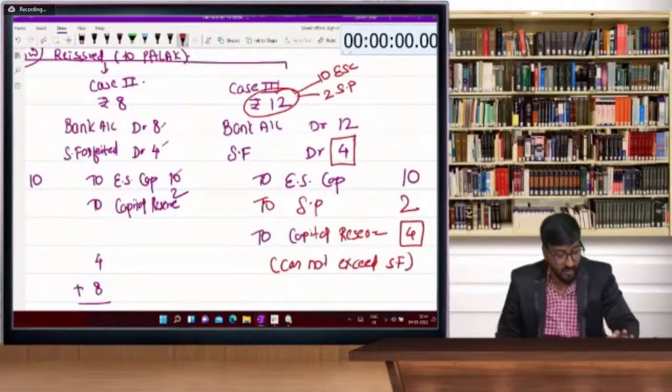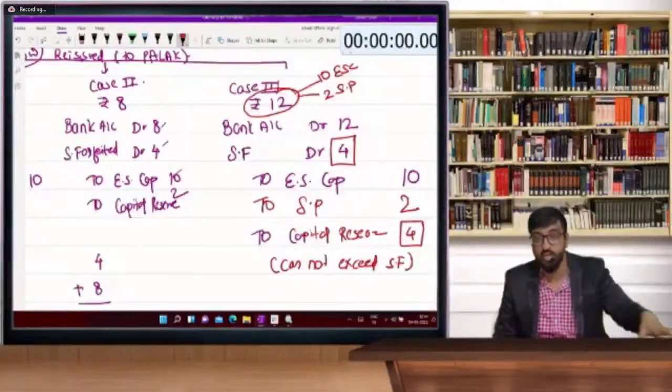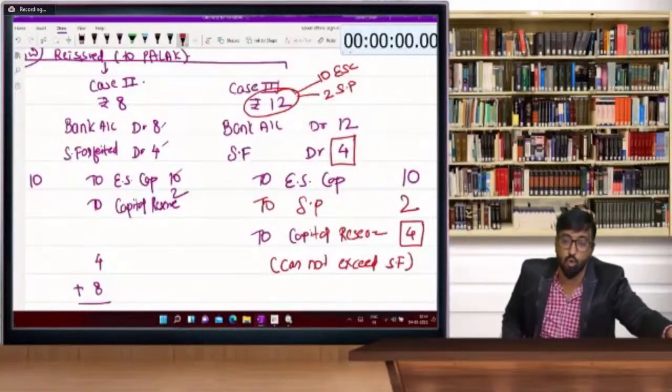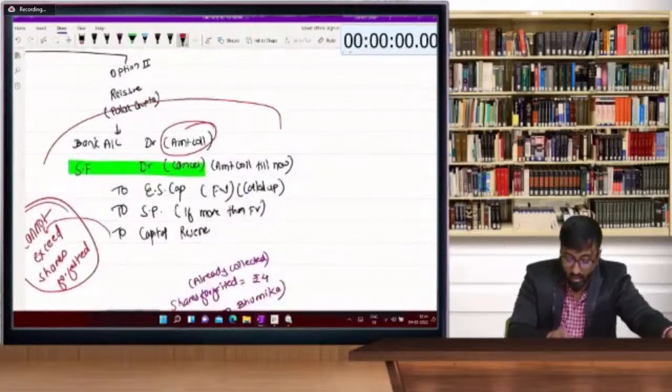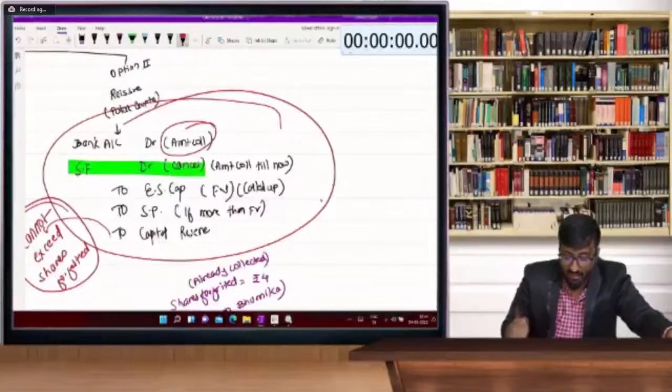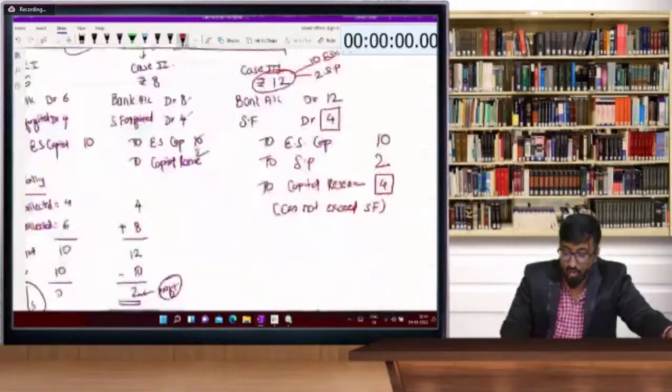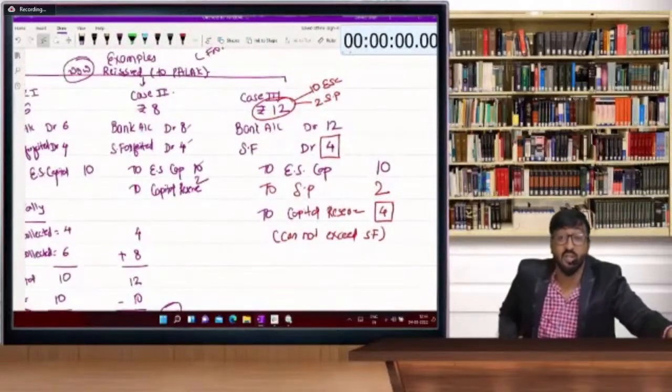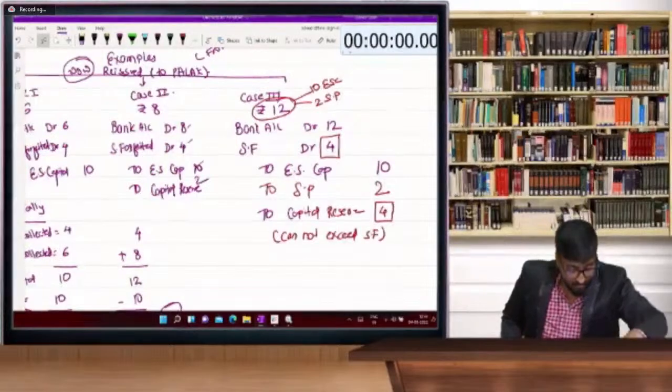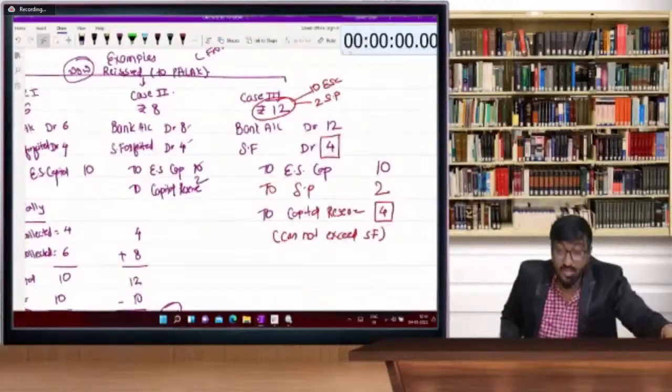Those students, Priyanka, yes, very good. Those students who have written this correctly, now you got this concept of reissue. Now once again read it. It should not exceed your shares forfeited balance. Why are you making mistakes, beta? Yes, got it or not? Chalo, tell me fast.